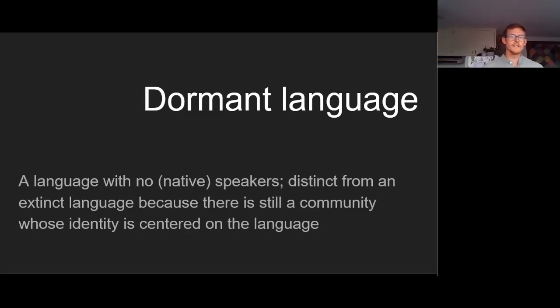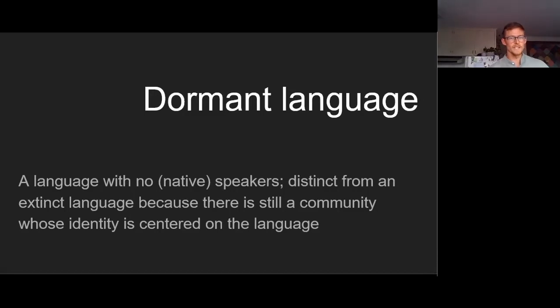So that's the difference. And the reason that we distinguish between those two, even though they both have no native speakers, is that with a dormant language, there is still a possibility or a greater likelihood that the people who associate with that language that no longer has any native speakers might try to revive it. They might try to revitalize it and create new speakers in the future. Because it serves as a marker of community identity, of ethnic identity.